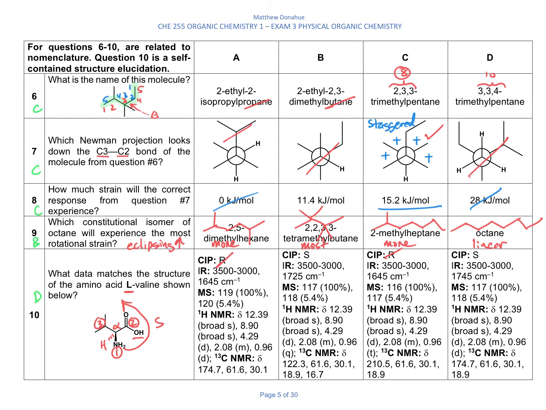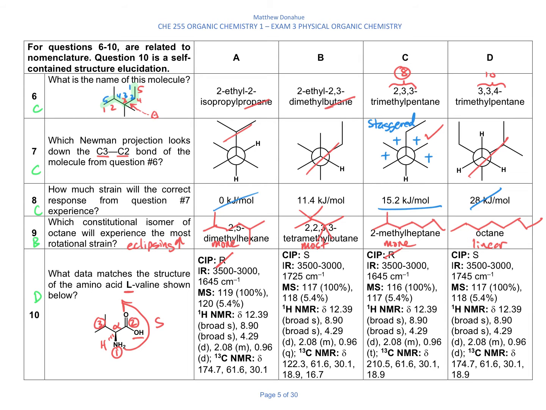So we can't eliminate any of these yet from B or C. They sort of make sense. The mass data looks to be the same, so we can't eliminate anything there. Again, 117, it's odd. It has 1 nitrogen, so it should be odd.